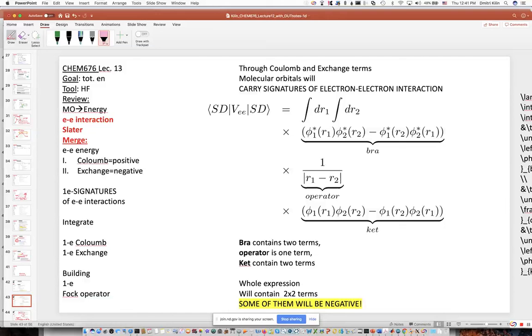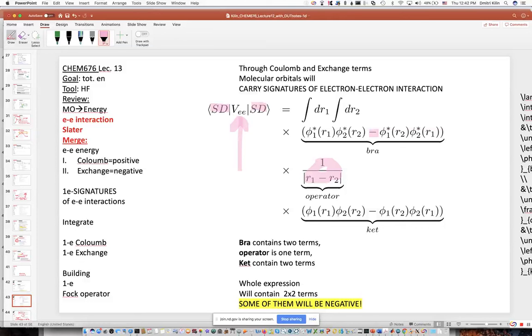So, SD is not South Dakota, it is Slater determinant. VEE is the interaction between two electrons. And you recognize the Slater determinant: first orbital, first electron, second orbital, second electron, and then antisymmetrization. Second electron and first, electron and second.